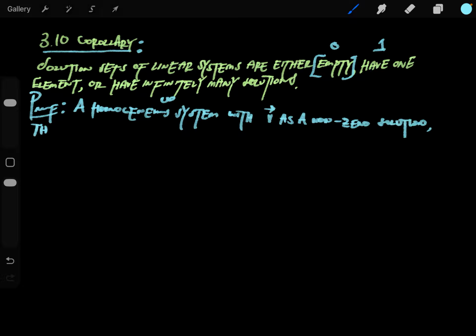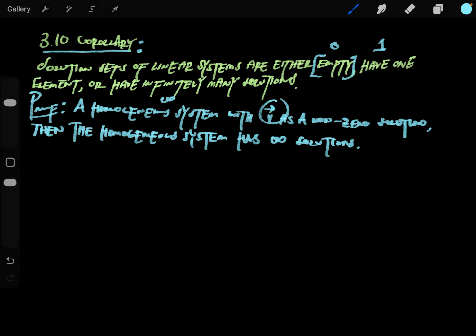Then the homogeneous system has infinite solutions. And this should be obvious because if we have V as a non-zero solution, then C times V for any C contained in R is also a solution.